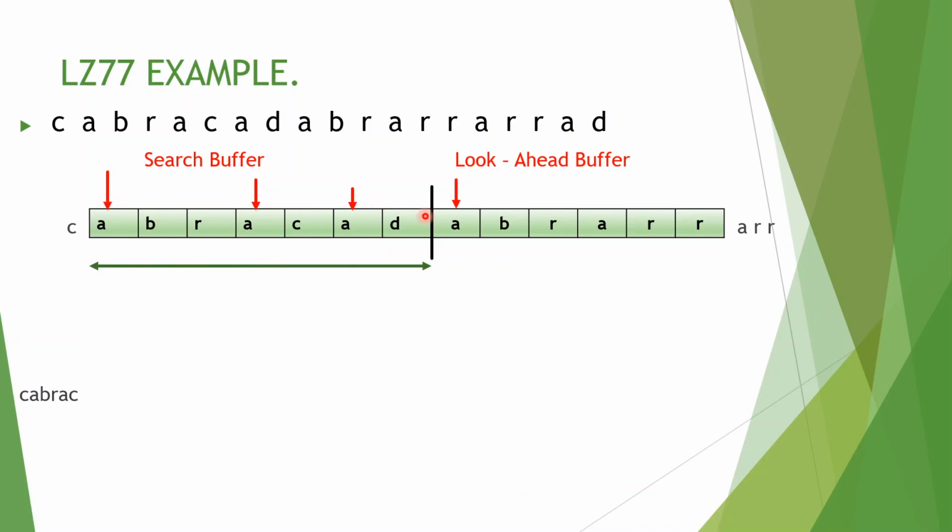From the search buffer to the look ahead buffer the distance is 7, and in the look ahead buffer these 4 symbols are matched with the search buffer symbols. So our length of match is what? A, B, R, A, 1, 2, 3 and 4, and these 4 symbols are matched with these 4 symbols in the search buffer A, B, R, A. So our length of match is 4, and after that, after the match, the A symbol, R is there.